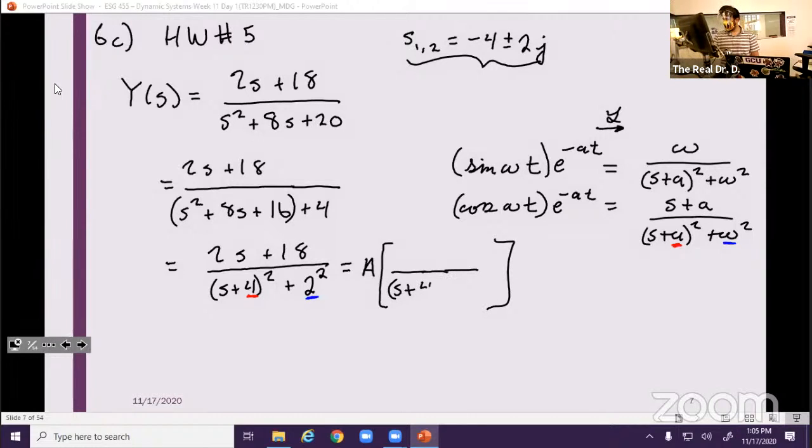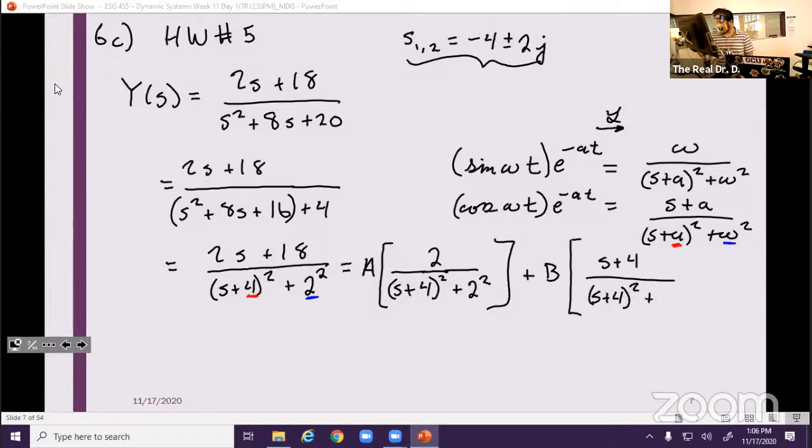So a is 4, squared, plus omega, which is 2, squared, plus the cosine component, which is s plus 4 over s plus 4 squared plus 2 squared. Right? So here we are, and we've got a really nice looking partial fraction expansion.